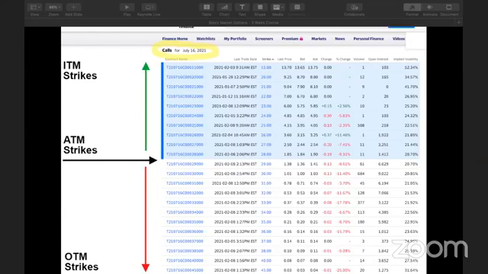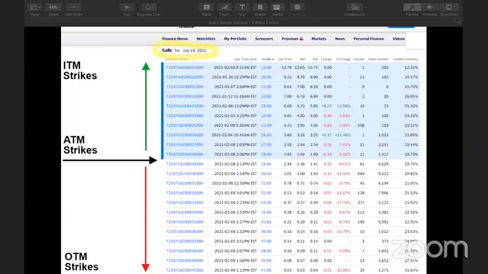Now, if AT&T stock price was say $28.10, then the at the money strike would be 28. If it was $28.90, then the at the money strike would be 29, because it's whichever singular strike is closest. But in the case that we called it 28.50, either strike could be considered at the money.